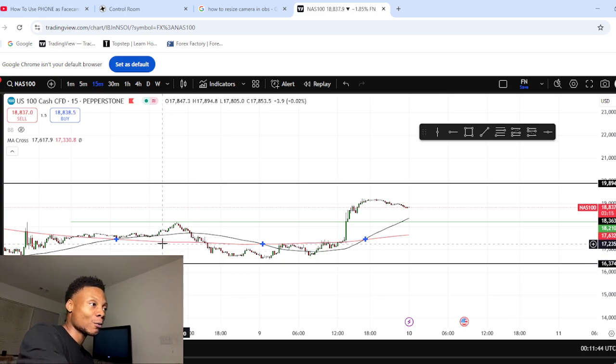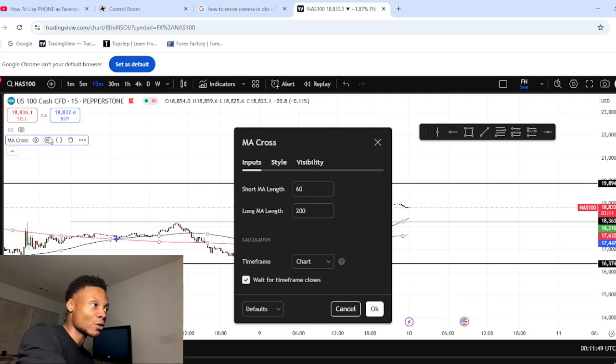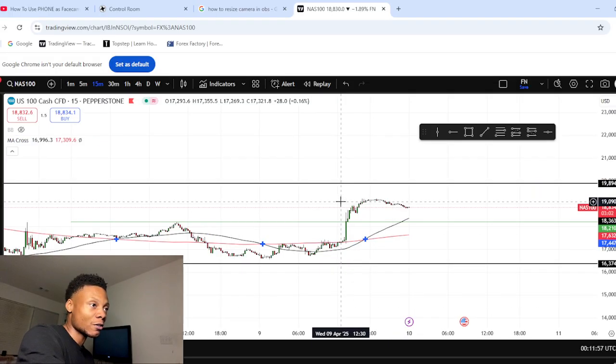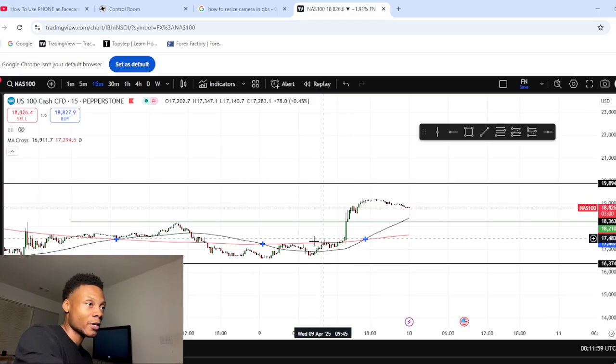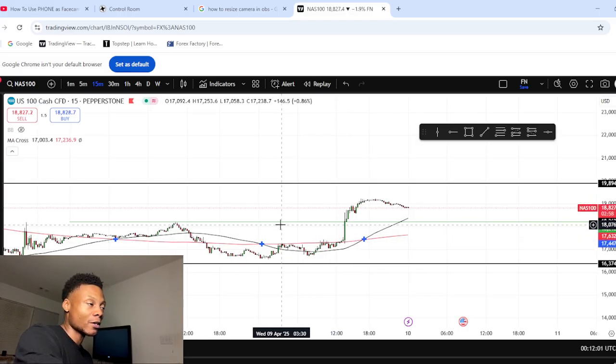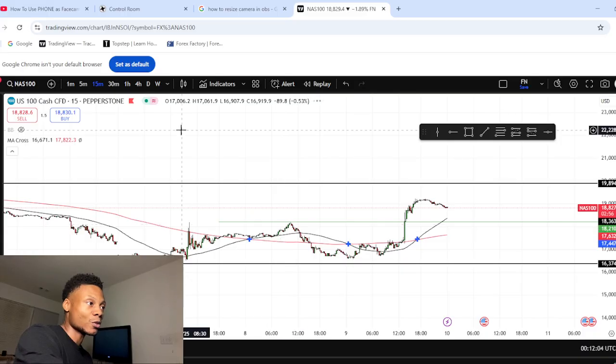My red represents my 200 moving average. Real quick, this is where you input the settings. You want to have these settings, 60 and 200. It's going to help you with entries, resistance movements, rejection movements, all of that.